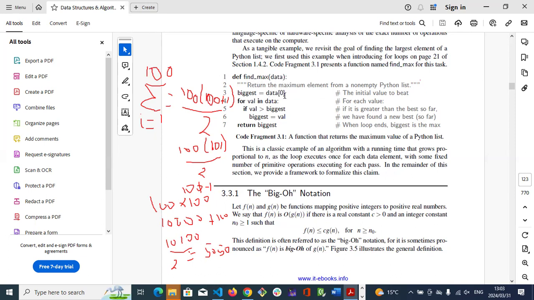The biggest is the first in the list, then for val in the data, the loop goes here. If val is greater than the biggest, the biggest is equal to val, and then return the biggest.